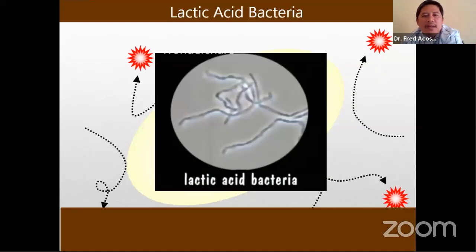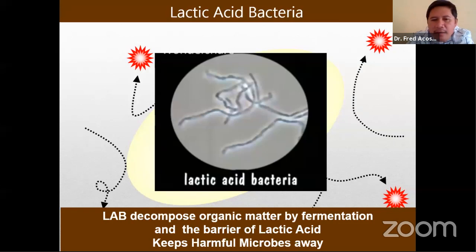The lactic acid bacteria, or LAB, has the role of decomposing organic matter by fermentation. It also acts like a barrier to keep away harmful microbes, so they will not affect your plants or your animals. That's the function and role of lactic acid bacteria in EM technology.